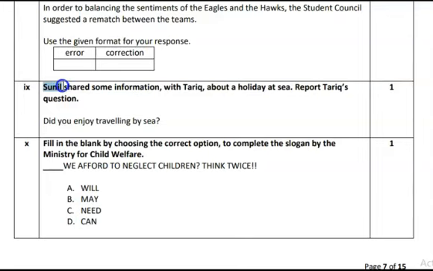And again you see the verb is in the simple past tense, did enjoy, so it will change into past perfect tense. So the correct answer will be: Tariq asked Sunil if or whether he had enjoyed traveling by sea. That will be your correct answer.